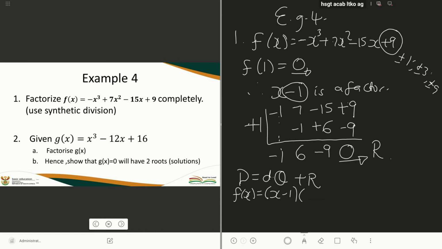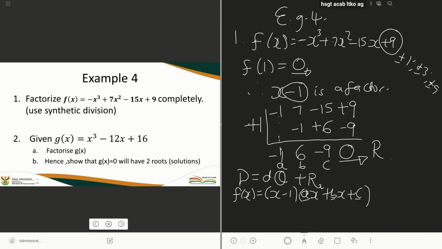Now, remember, when you multiply a linear polynomial together with a quadratic polynomial, you get a cubic. So this quotient is in quadratic form: ax squared plus bx plus c. One may wonder where we get this a, b, and c. This is quite easy. Negative 1 is our coefficient a, this 6 represents our b, and this negative 9 is our c.